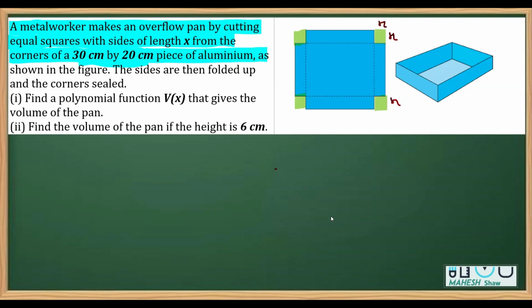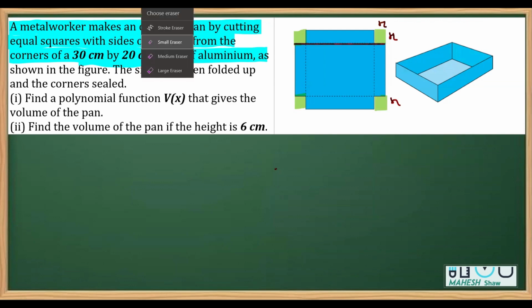Now, what was given here is that the original length, from here to here, is 30. And as you can see from the figure, an x unit is cut from this side, and let's say I cut from this side as well. So the original length, which was 30, now has an x unit cut from this side and this side.